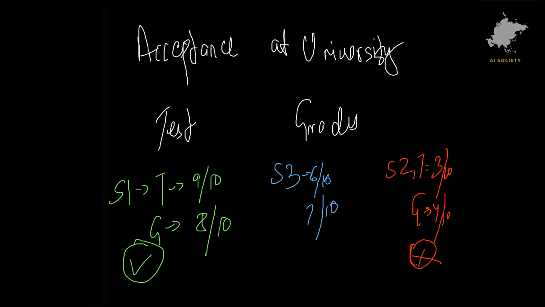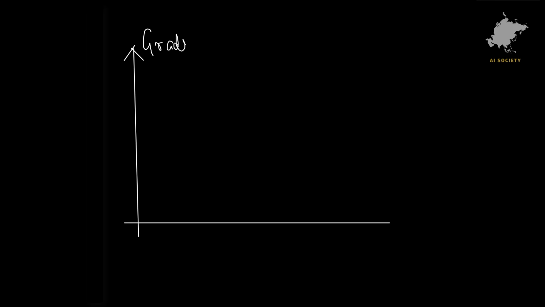Now to build a model, you need some historical data. So we ask the university to give us its historical data of the accepted and the rejected students, and the college is going to give us that data. Now we got the data, and let's say we have a y-axis and an x-axis. The y-axis is representing grades, and the x-axis is representing the entrance test marks.